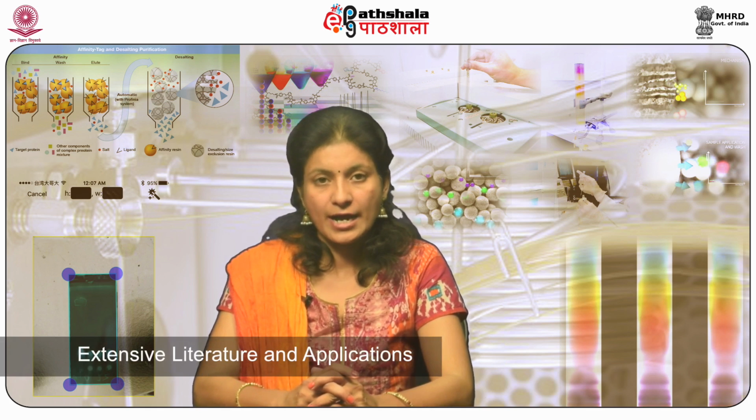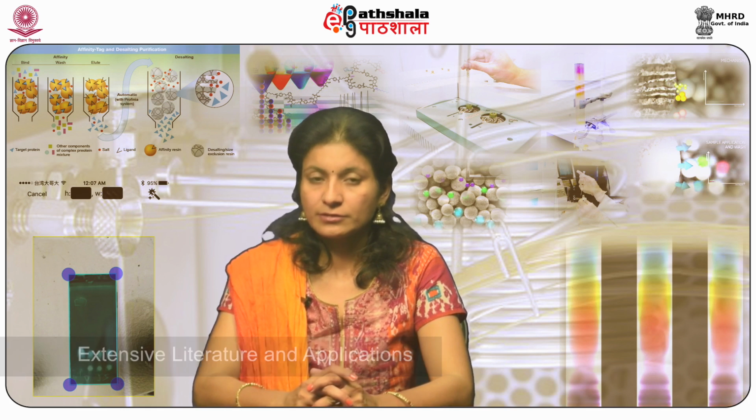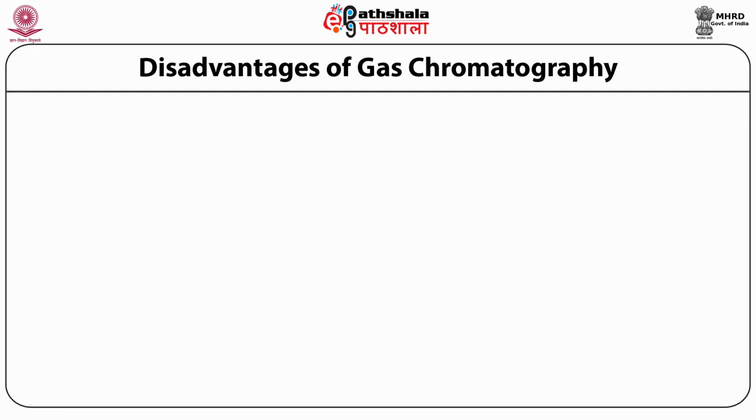This is a rugged and reliable technique which has been well established with extensive literature and applications. The cost of instrument is relatively low and its life is generally long. Disadvantages of gas chromatography. There are a lot of advantages, but the applications are limited by some of the disadvantages.